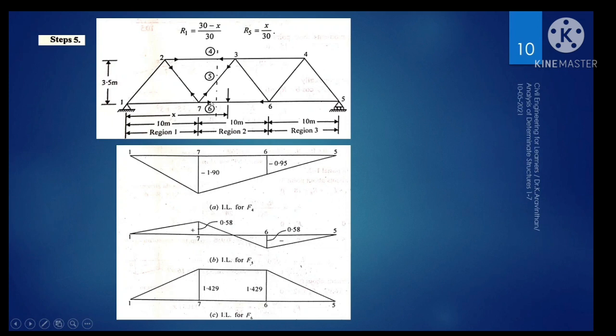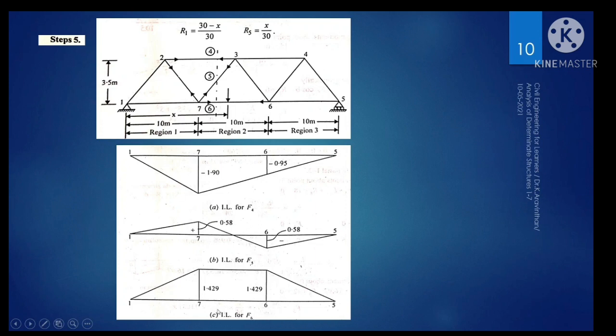And what about the member 6? So the member 6, throughout the passage of this vehicle, this member was under tension. So you can see this was purely under tension, and the value we identified at F6.